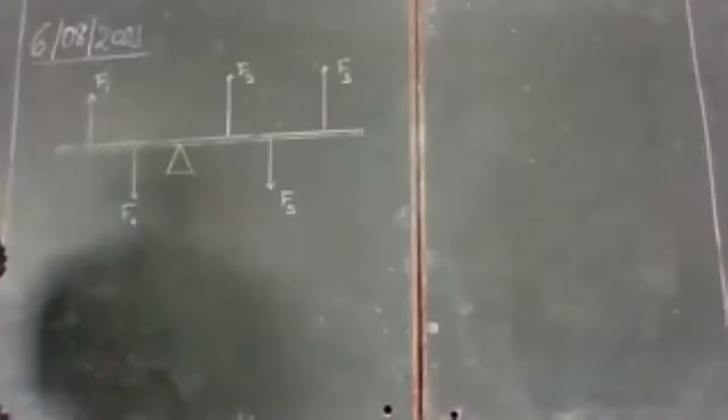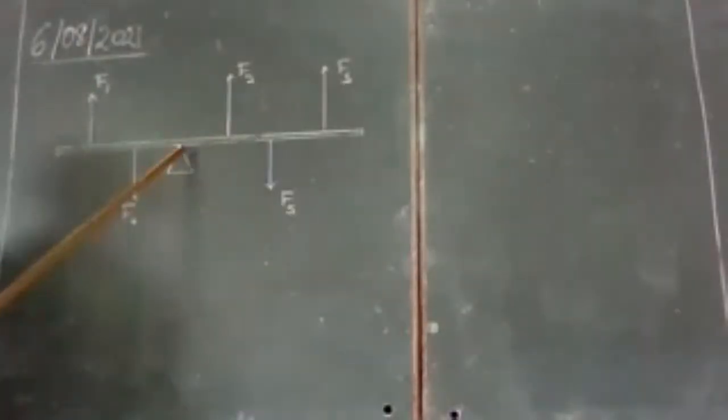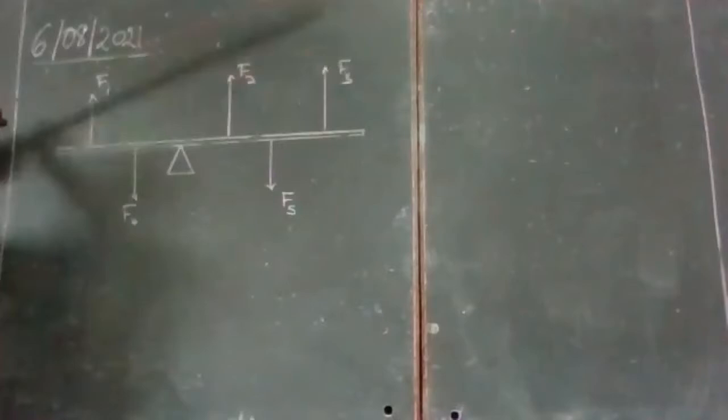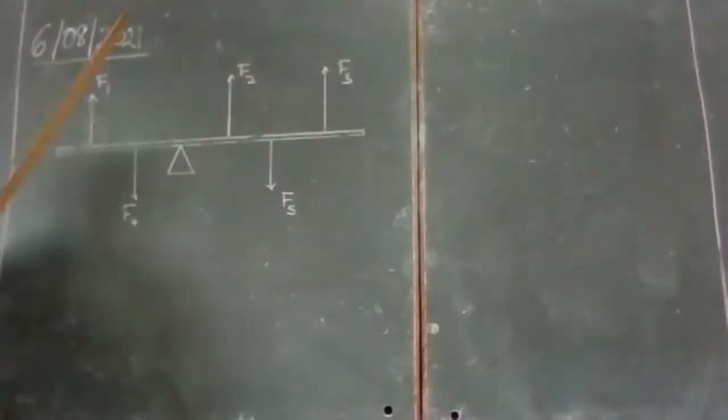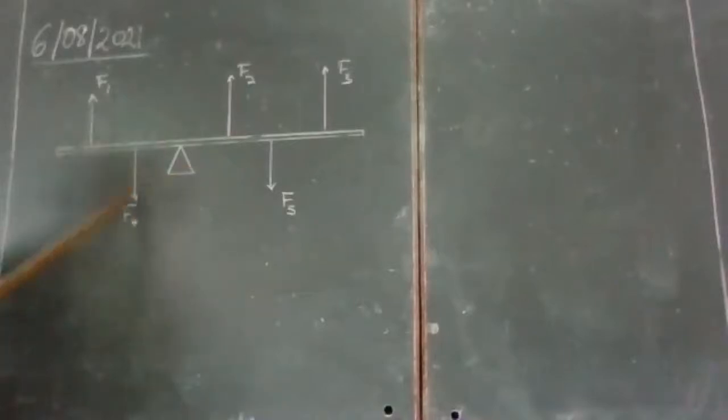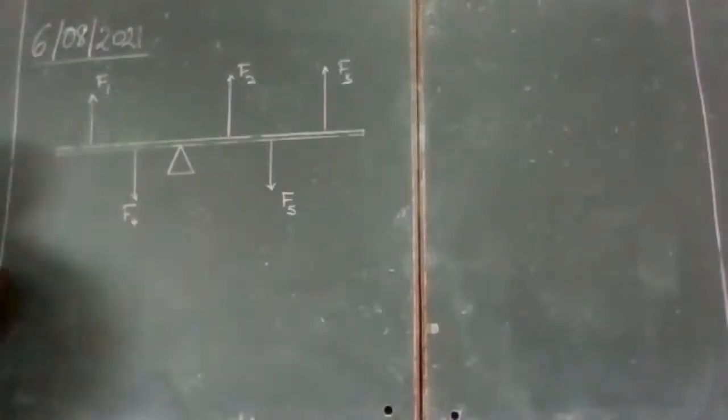Okay, so this is our body, this is our pivot, it is our turning point. Now, there are forces that are acting in one direction. If force 1, force 2, force 3 are all acting in the same direction, what is that direction? Upward. So then we have two forces, F4 and F5. What is the direction in which they are acting? Downward.